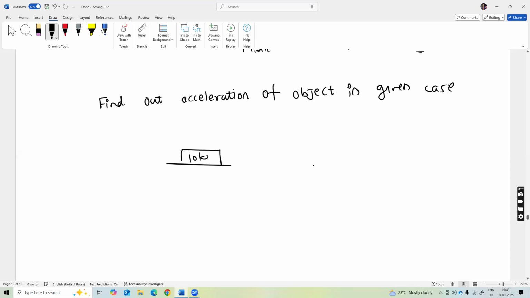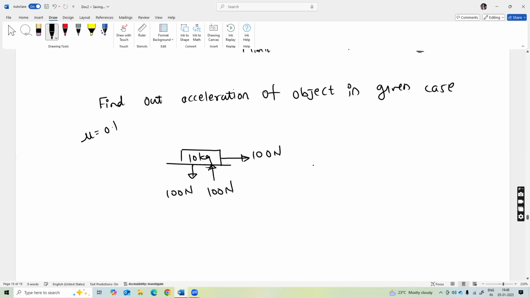So again, let's see, you have 10 kg of mass, you have applied 100 Newton force, and coefficient of friction is 0.1. So in this case also, since weight of 100 Newton is acting downwards, normal reaction of 100 Newton will act upwards.